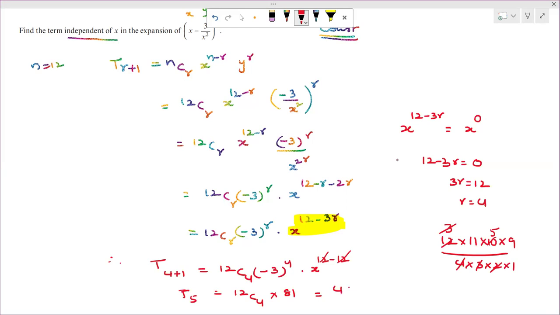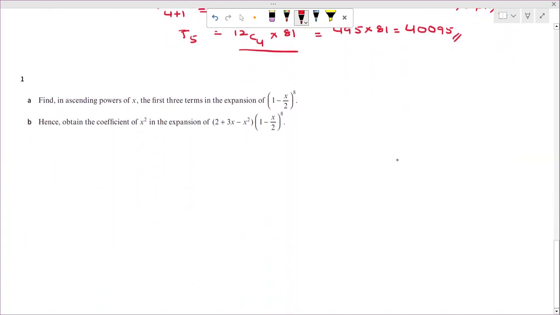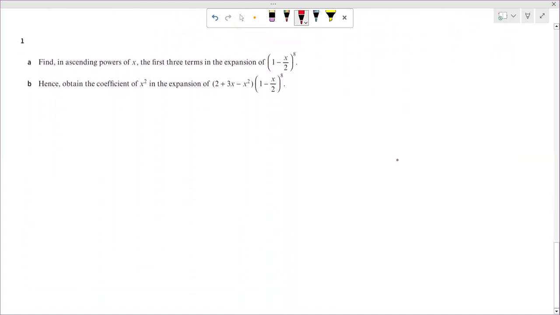So 495 is 12C4, into 81, which is 40095. And one thing you need to remember: if you leave it till here also, it doesn't matter, you will be given marks.